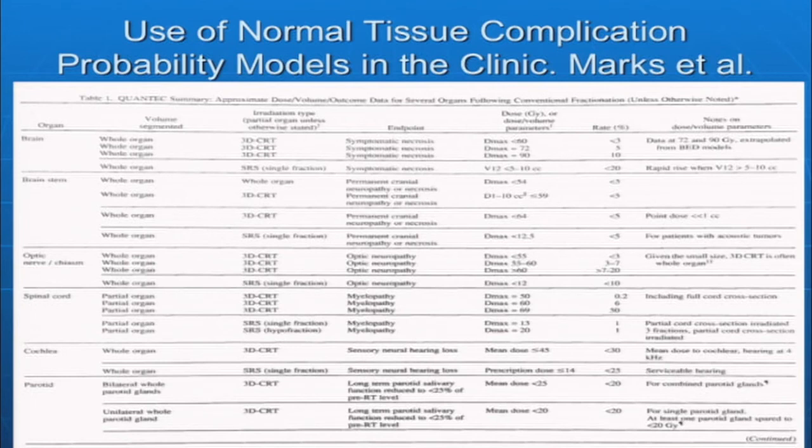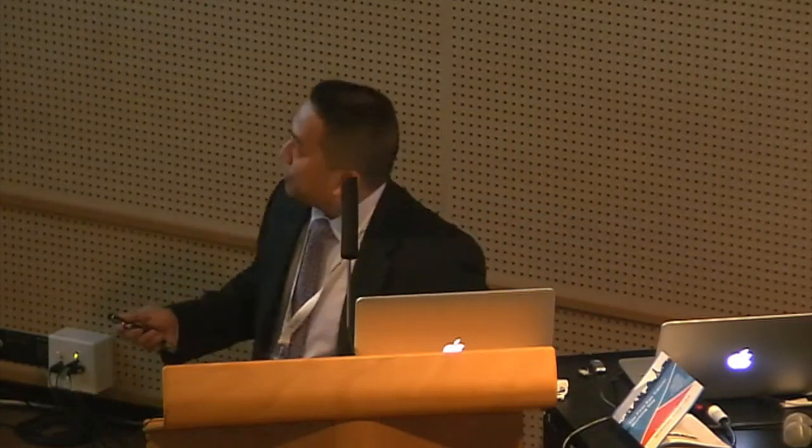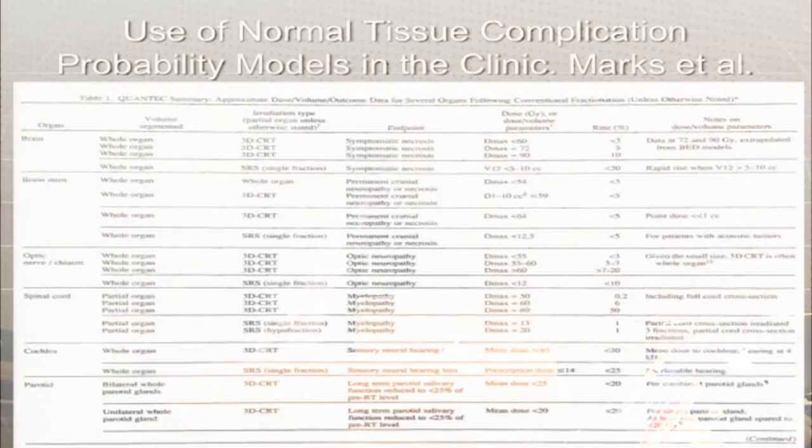There were about 5 different tables, very extensive, looking at the different normal structures and the complications and the incidence. The only problem with these tables is that they only looked at one structure in the ocular complications. They only looked at the optic nerve and the chiasm. As you can see here, if you kept the dose less than 55 gray, there was a less than 3% chance of optic neuropathy.